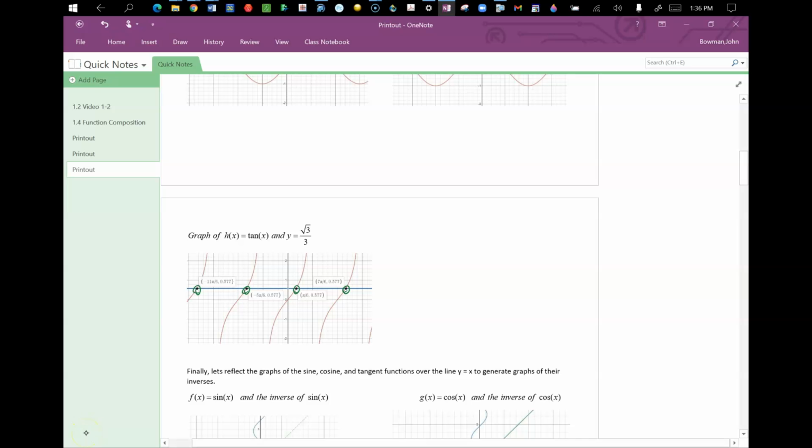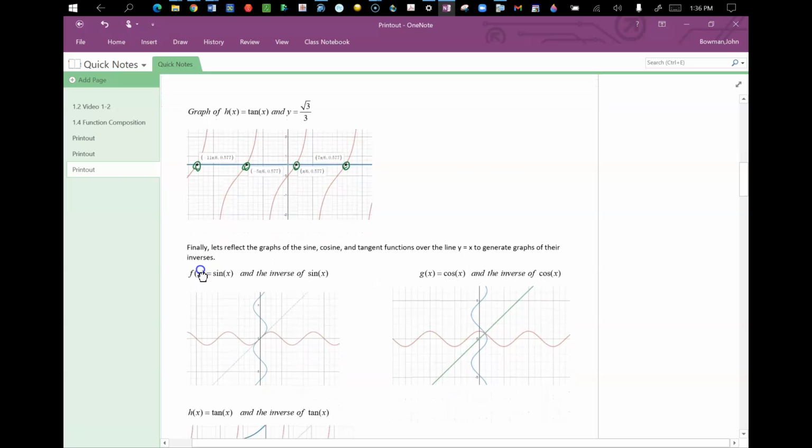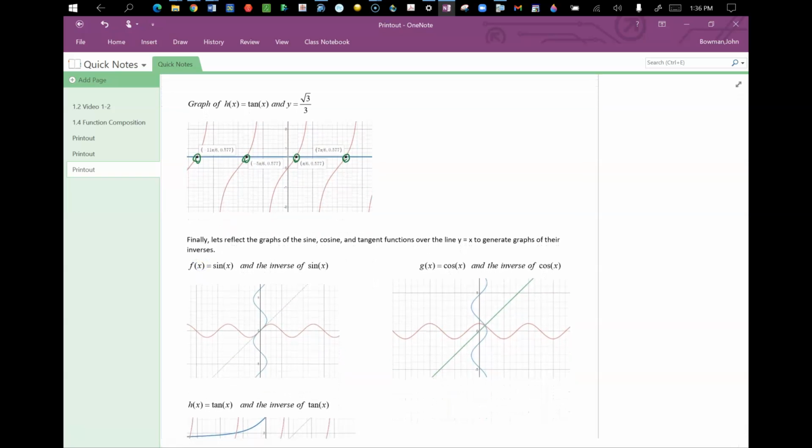One way to think about this relationship between the angle and the trig ratio is in terms of inverses. It's been a while since we've done inverses, so I want to remind you how they're related to each other graphically. What you see here in this graph on the left in red is the sine function. Let me trace out the sine function for you here.